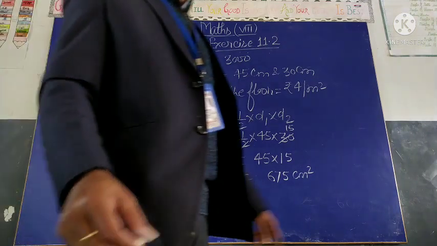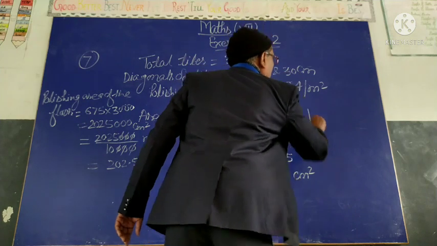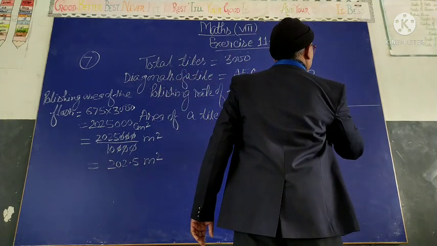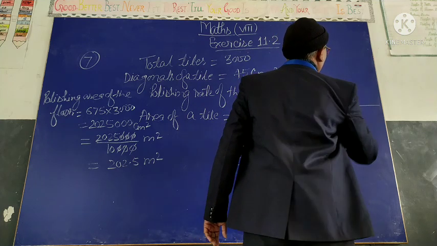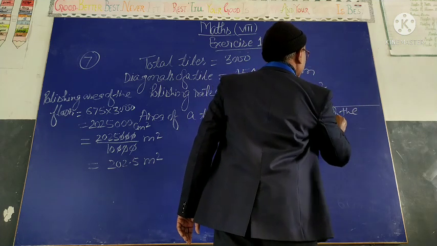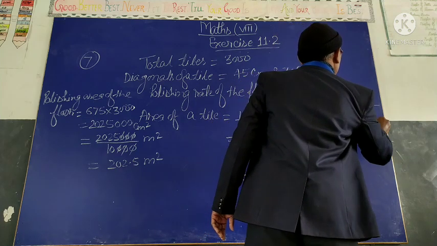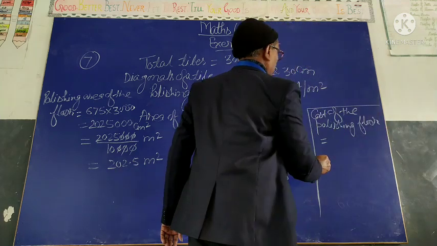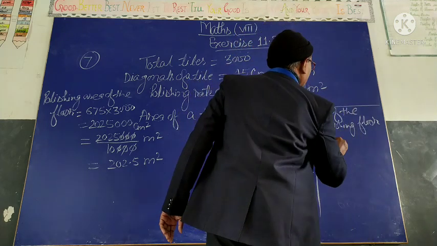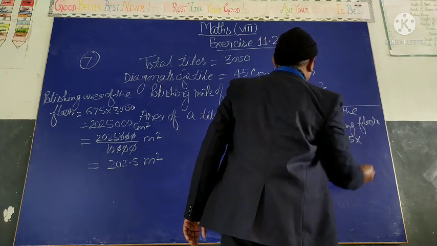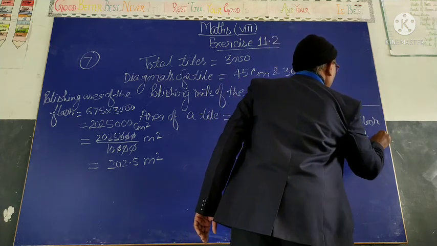Then cost of the polishing floor is equal to 202.5 into 4.